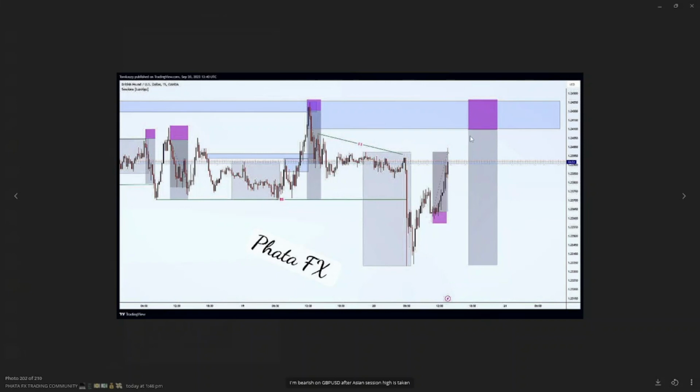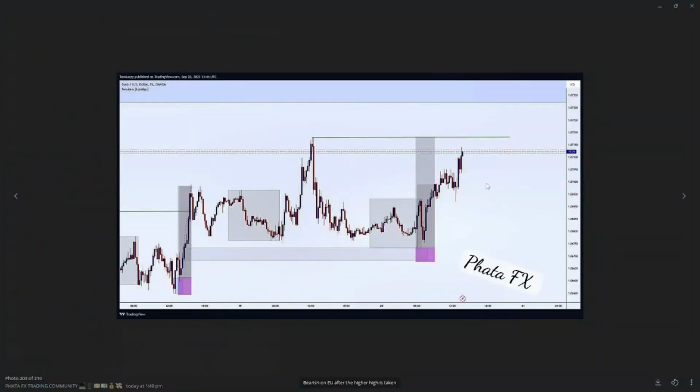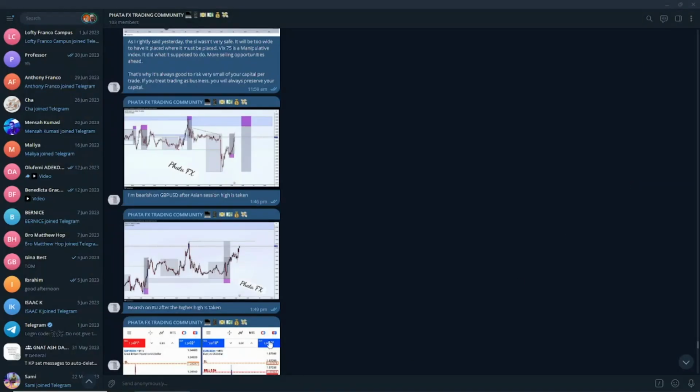I sent the setup like this to the community, and I also sent Euro USD this way: anytime that I'm bearish on Euro USD, you can see bearish on EU after the higher high is taken, and here I'm bearish on GU or GBP USD after the Asian session high is taken. And that was how we waited for the setup to be ready before we took it.